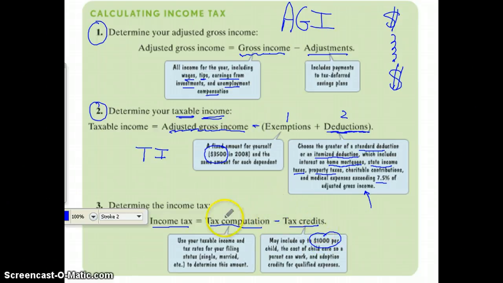Okay. Now, to find your tax computation, some people look up in a table, but we're going to do it step by step, and I want to show you where these numbers come from, and we'll go through it, and we'll use our calculator, and we'll find the real deal. So here you go. That's how you find out your tax. Step 1, step 2, and step 3.